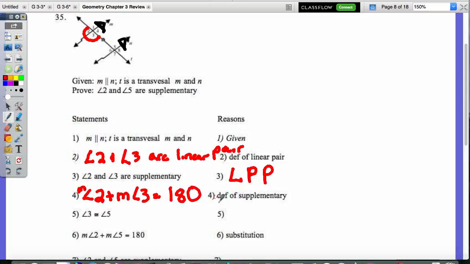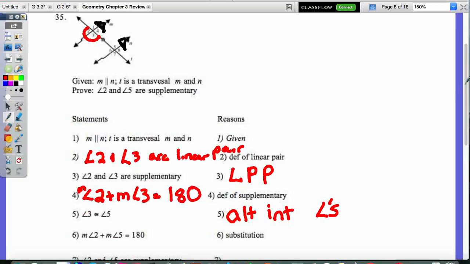And we already said the lines are parallel, so this is alternate interior angles. And it's not the converse because we're proving that the angles are congruent. We are already told that the lines are parallel. So if we look at this first one, measure of angle 2 plus the measure of angle 3 equals 180. And instead of angle 3, we take out angle 3 and we just put in angle 5.